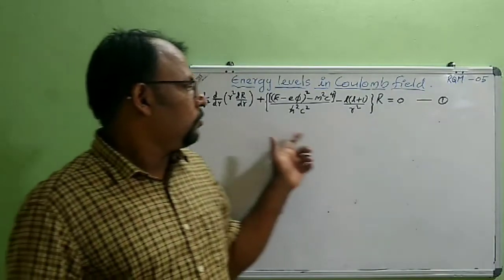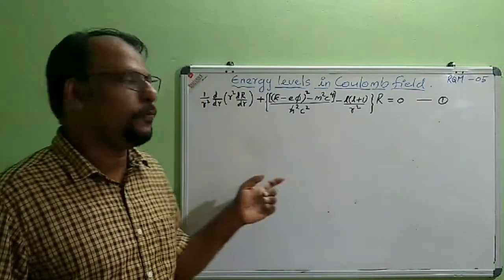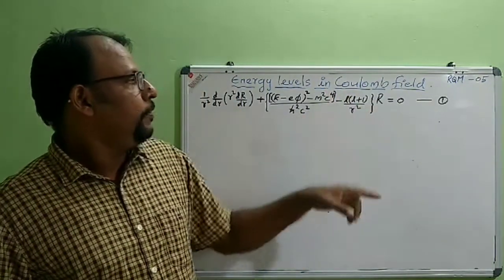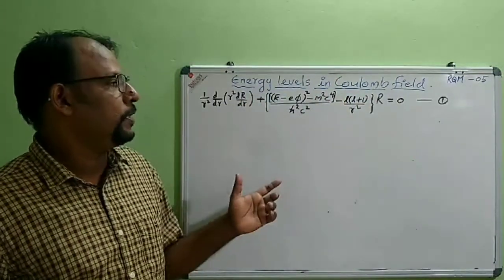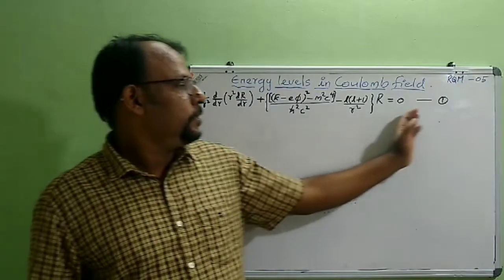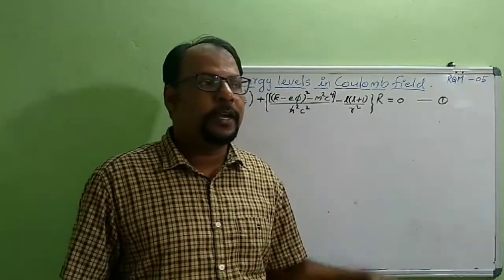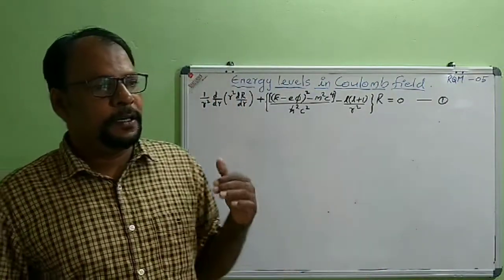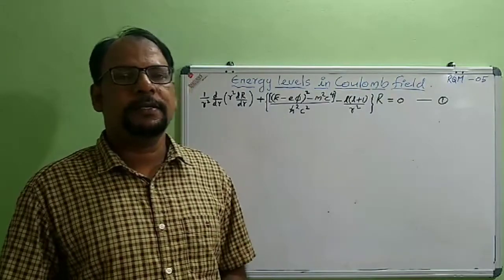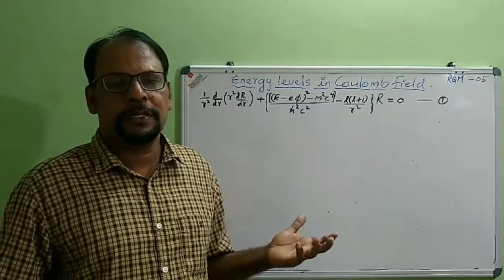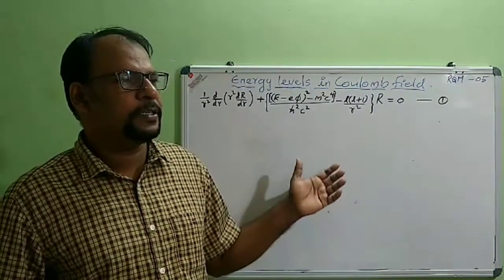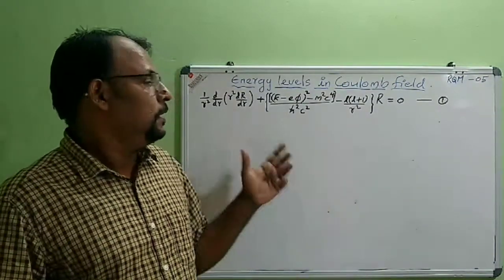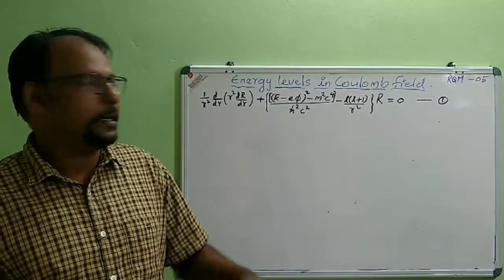Now we solve this equation in the case of the Coulomb field, and we will find the energy levels in the Coulomb field. While deriving equation number 1, we assumed that the vector potential A is 0 and the scalar potential is independent of time, a function of r only, and also spherically symmetric.